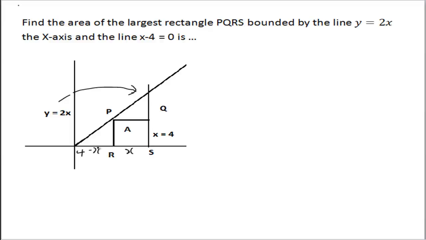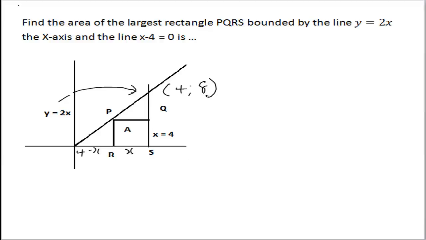Looking at where it intersects, we have x is equal to 4, and we know that y is equal to 2x. So if we substitute x equals 4 there, y is equal to 8.